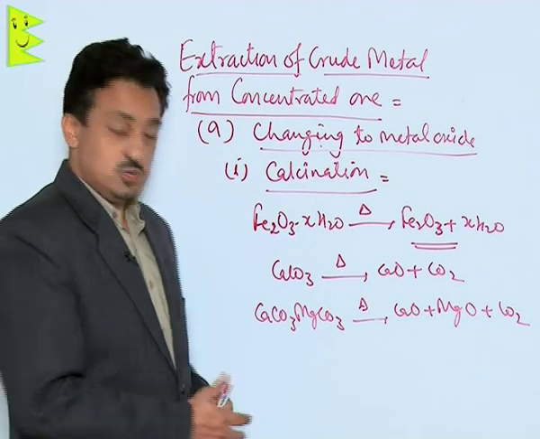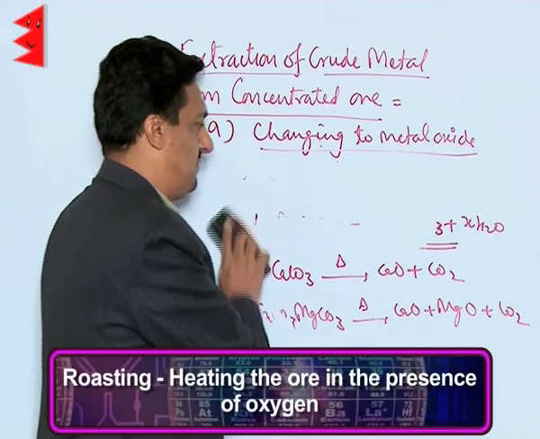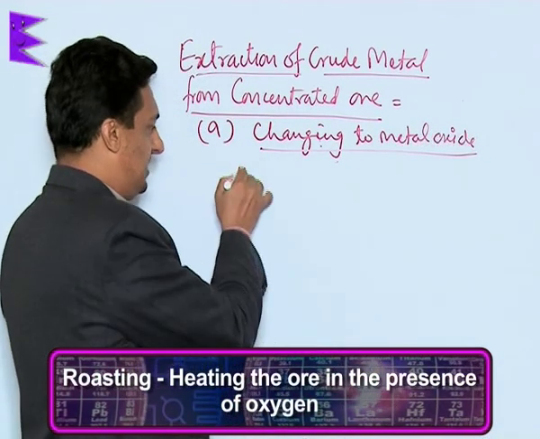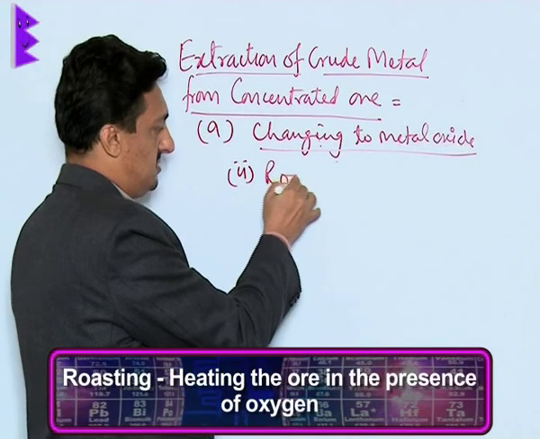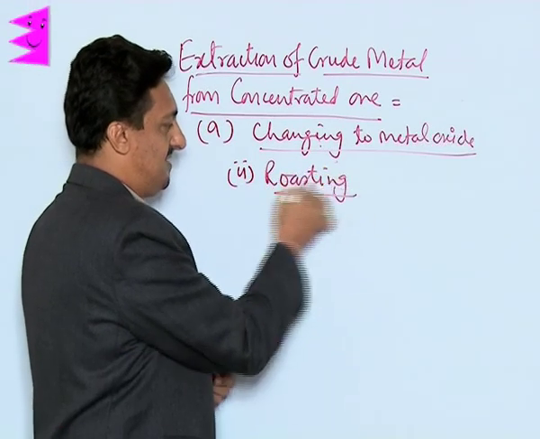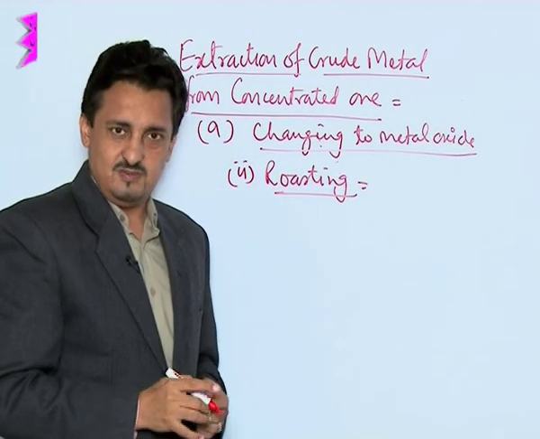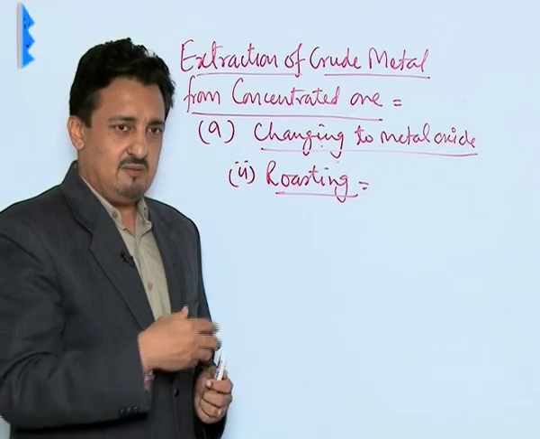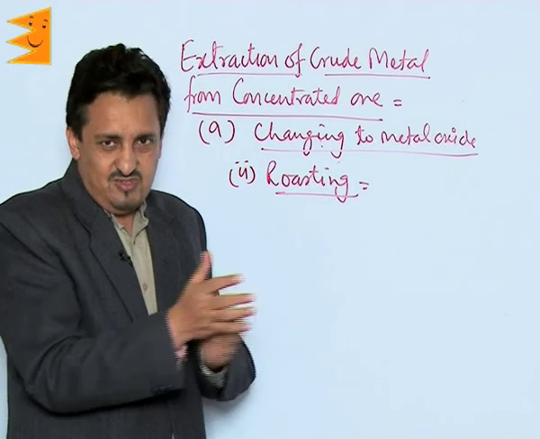The second process is roasting. Roasting involves heating the ore in the presence of oxygen, as the name suggests. It is mainly done for sulfide ores and other ores which need to be changed into the oxide.